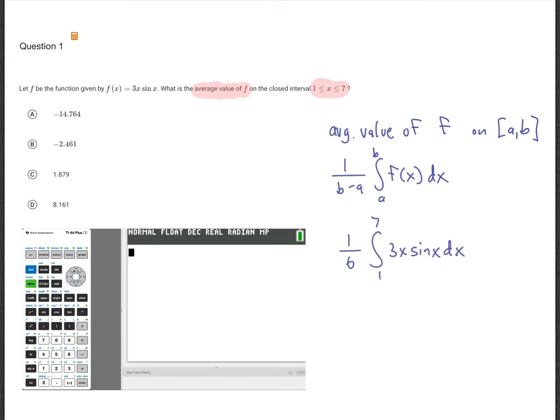So here, let's look at the calculator now. Okay, so first to do a fraction, do alpha and the button next to it. That'll give us the 1/6. And then we'll go to math 9 for the integral.